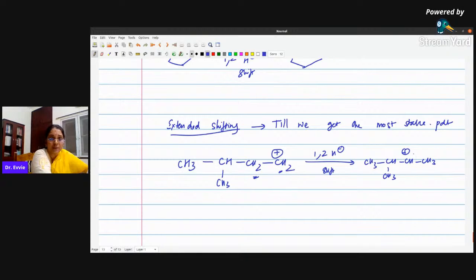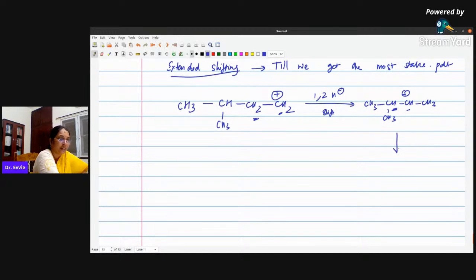Now is another one possible? Okay, now what happened? This hydrogen can shift to this. One more hydrogen, a 1,2 hydride shift can happen because it will be more stable. So here again a 1,2 H minus shift can happen. So you will get CH3, C, CH3. The hydrogen has moved to the next carbon, so it will be CH2.